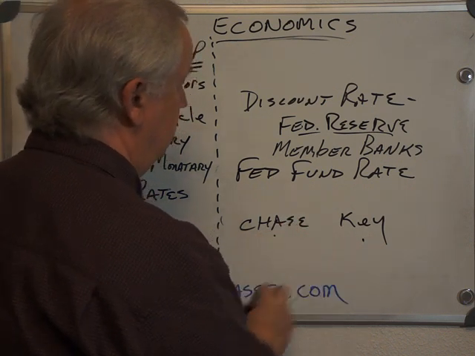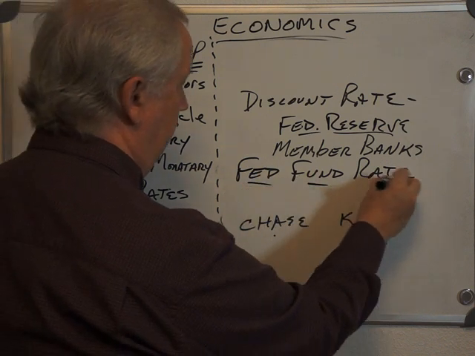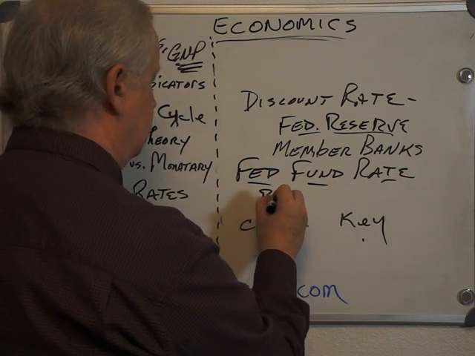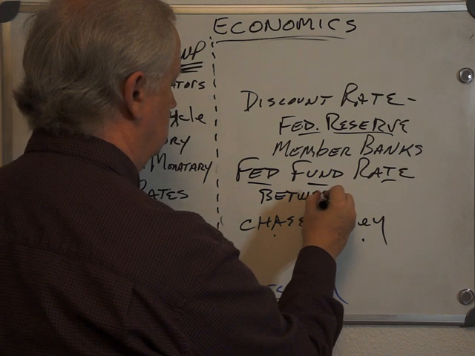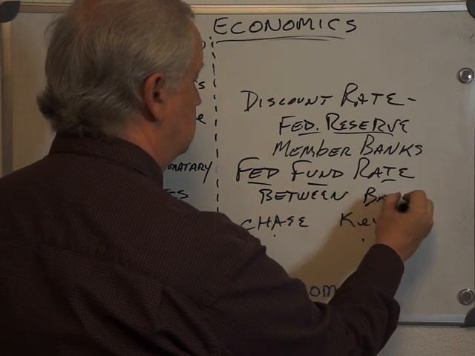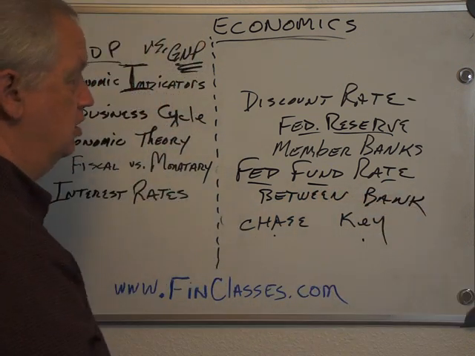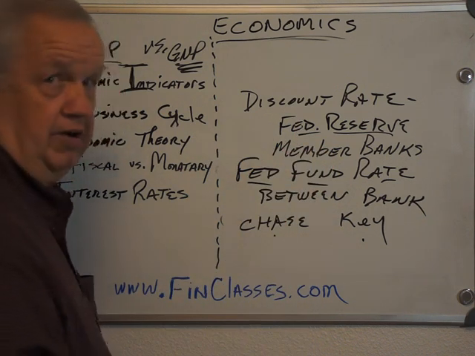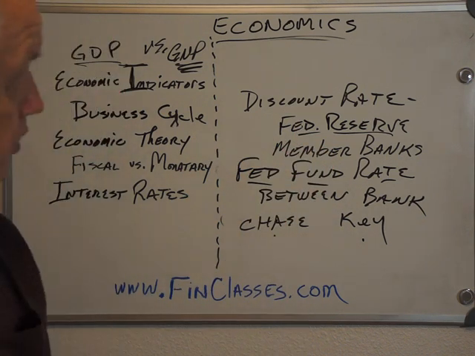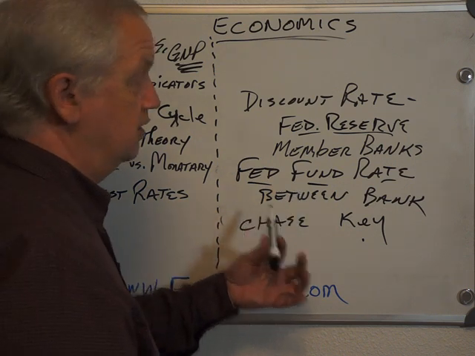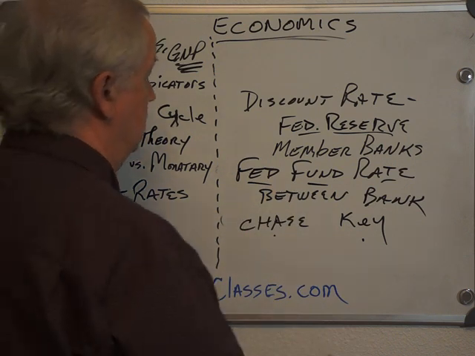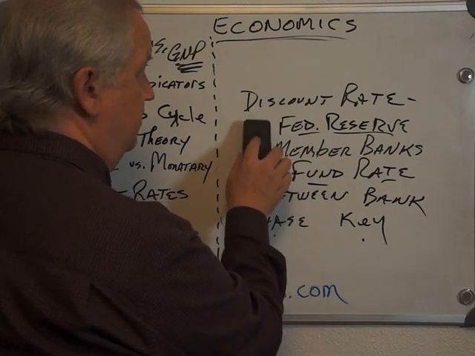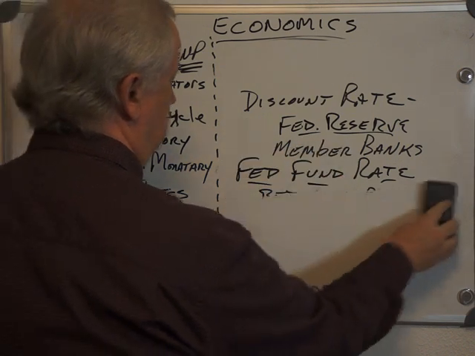Chase will loan to KeyBank at the Fed fund rate between banks. It's what one bank charges another to meet the Federal Reserve requirements. Piece of cake, right? Okay, Fed funds: meeting the Fed reserve requirements. The discount rate is charged by the Federal Reserve to member banks.